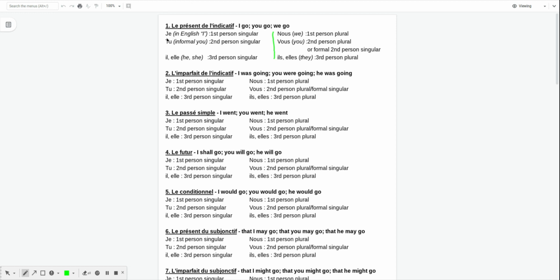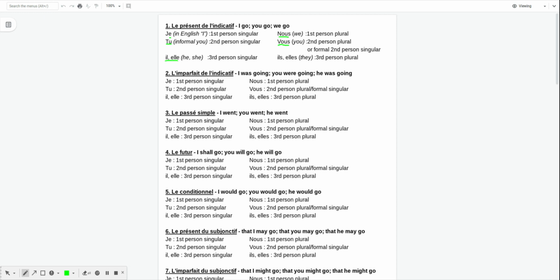So we start with the je in English, I, tu, the informal form of you, il and elle, the third person singular he, she on the left. And then on the right, we have the plural nous, we, vous, you. Vous takes on two meanings, whether you're talking second person plural or the formal second person singular.